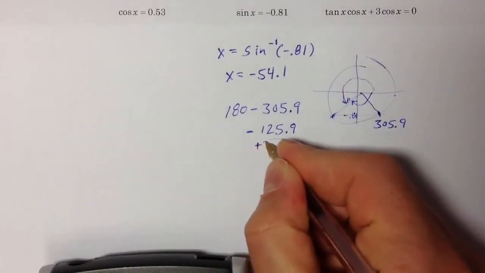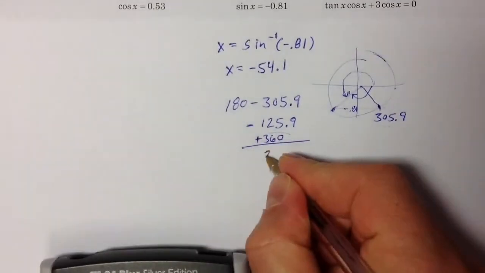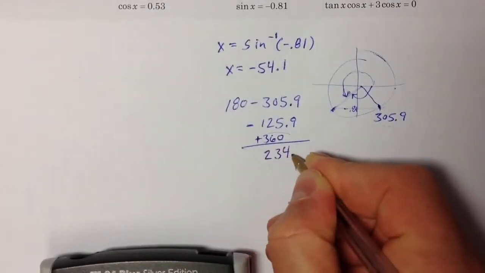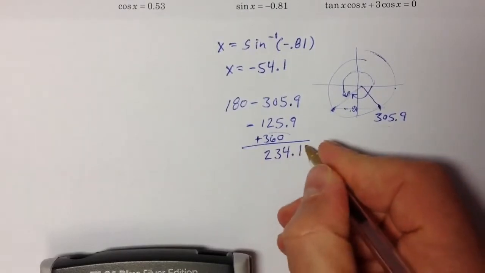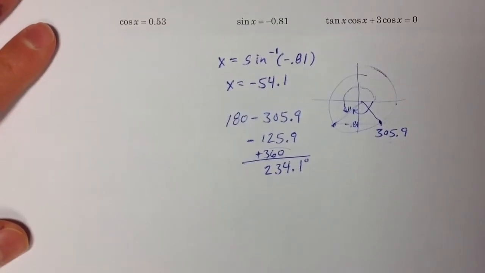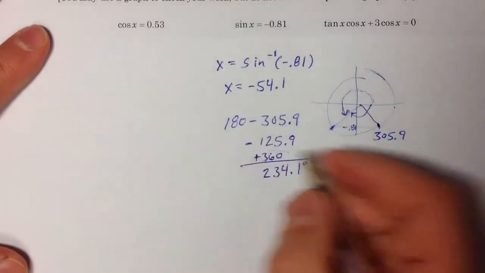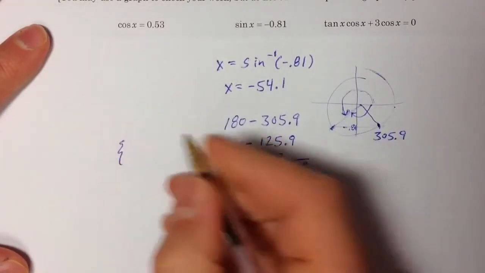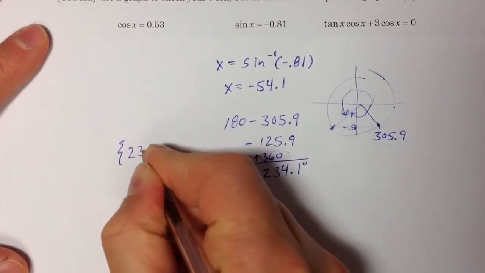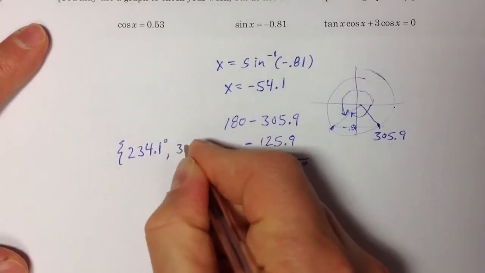So if we add 360 to that, we get 234.1 as a second solution. So the two solutions for the second equation here, sine of x equals negative 0.81, would be 234.1 degrees and 305.9 degrees.